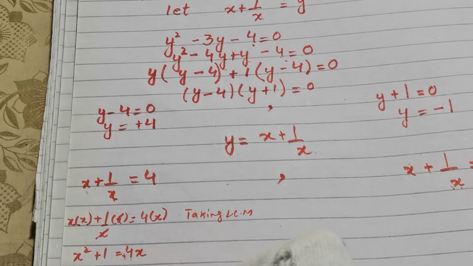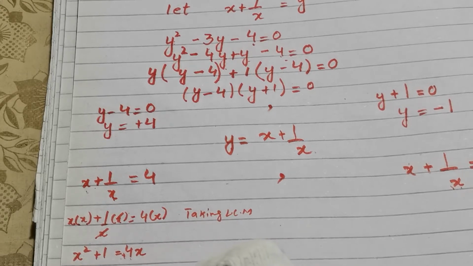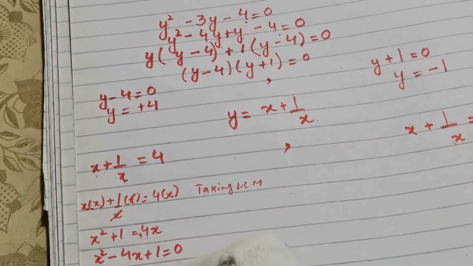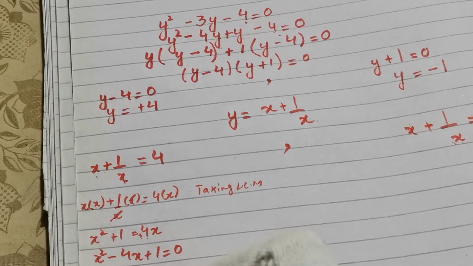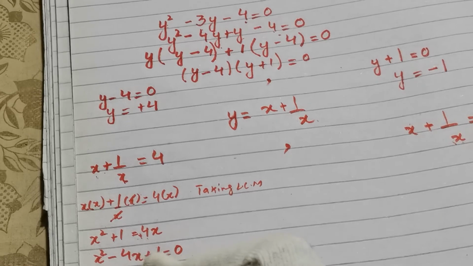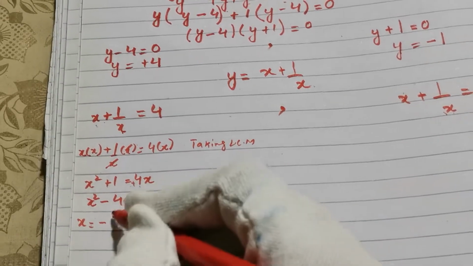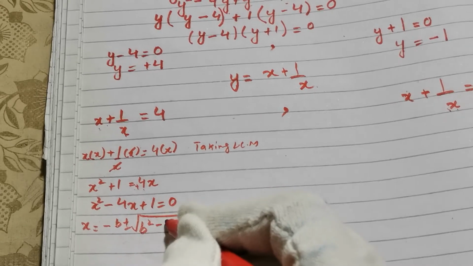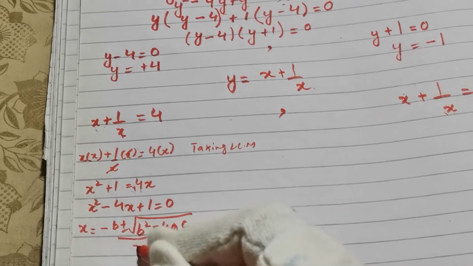Now there is no factor of 4, so we will use the quadratic formula: minus b plus minus under root b square minus 4ac divided by 2a.